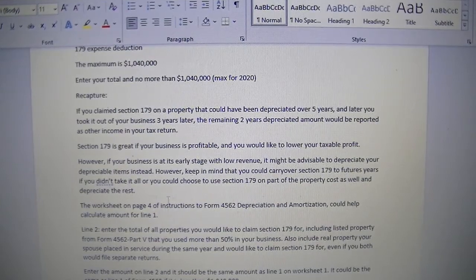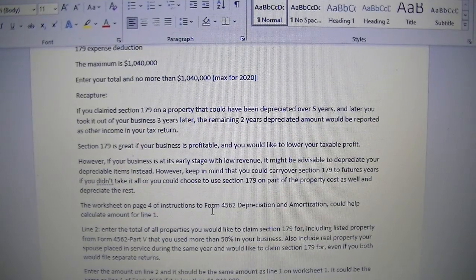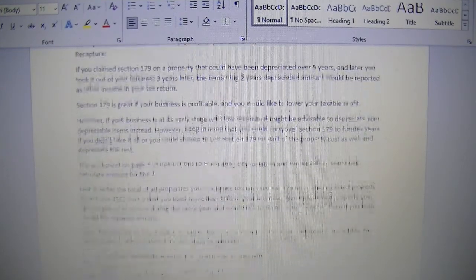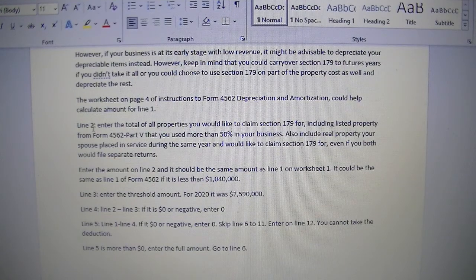So the worksheet on Part 4, which we already talked about, could help you determine the amount that will go on line 1, and we use the example of a 1 million asset placed in your business in 2020.